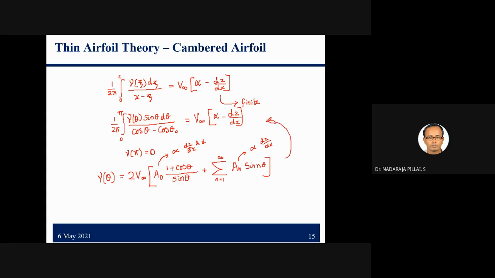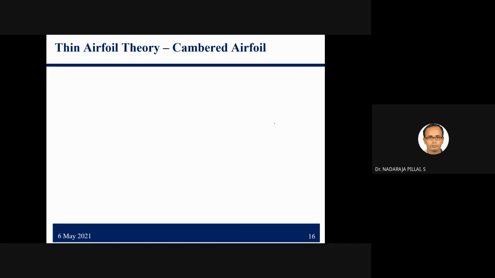Substitute it in this equation. So let us write: 1 by pi, integral 0 to pi, A naught into 1 plus cos theta.